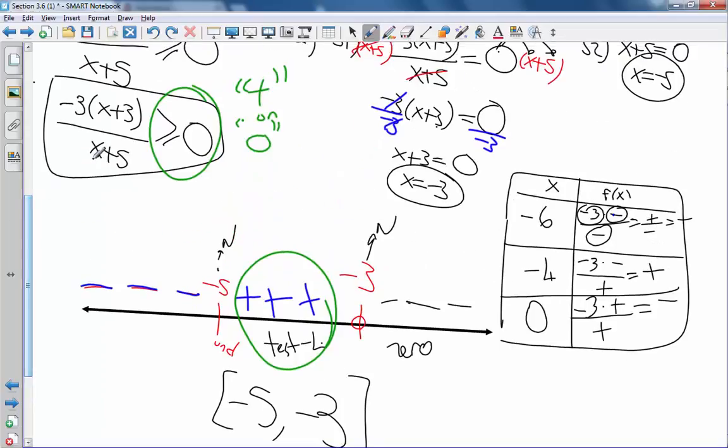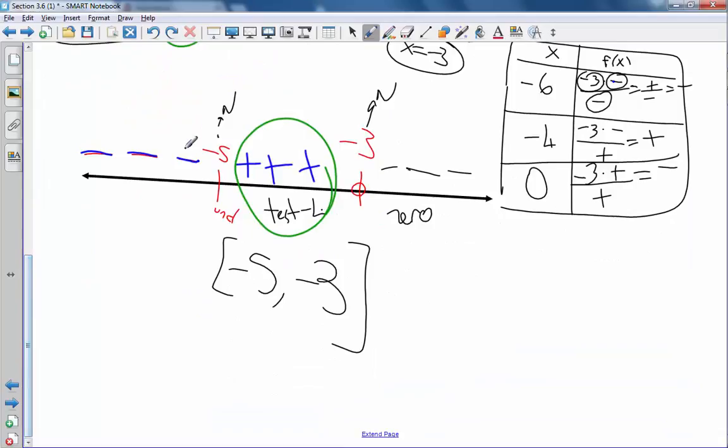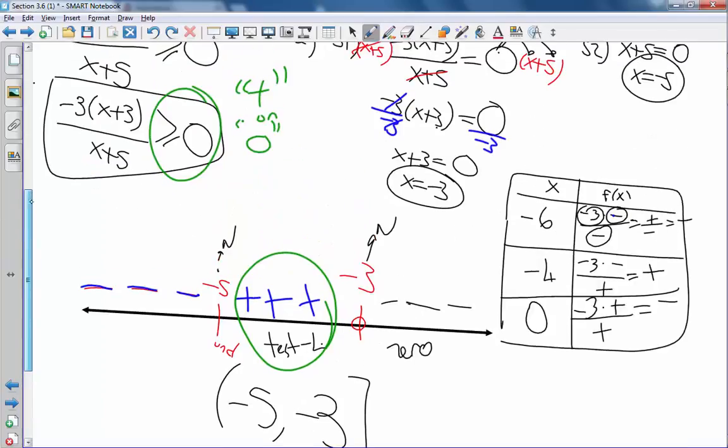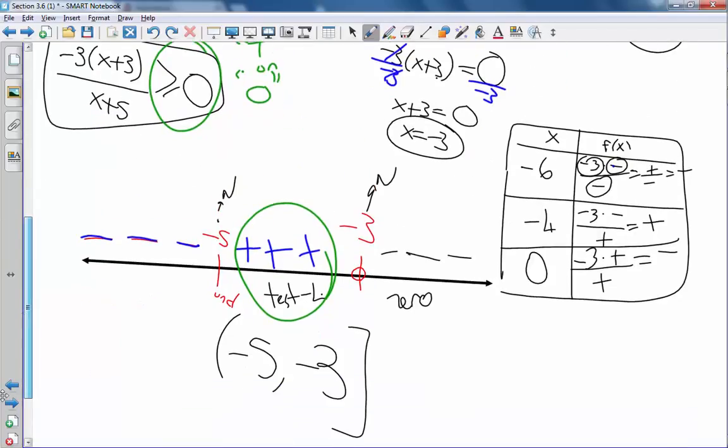Test. Plug in -5 here, you can't compute it. Definitely this is a no. You can't include an undefined value. One is a circle. No, right. How about the other one? Shall we count this one in? Yes, because it says 0, of course it's going to make this thing 0, right? So it's -5 to -3.